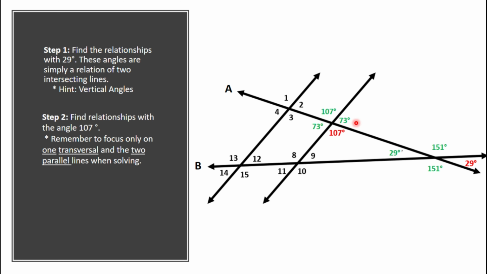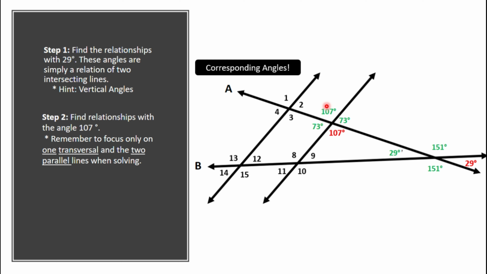The next step would be simply solving for the rest of the angles on the transversal line. If you look at the relationship of this to this, we can see that angle 1 and 107 degrees are in the same position, but on different parallel lines. So these are called corresponding angles.